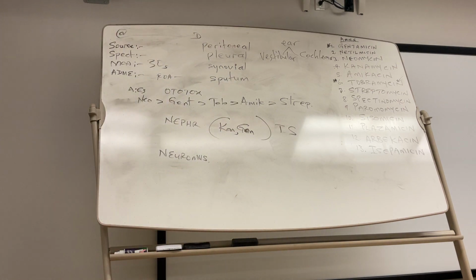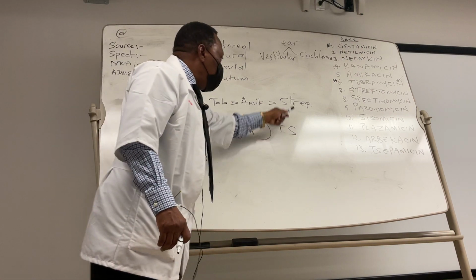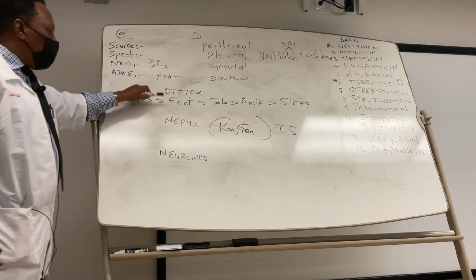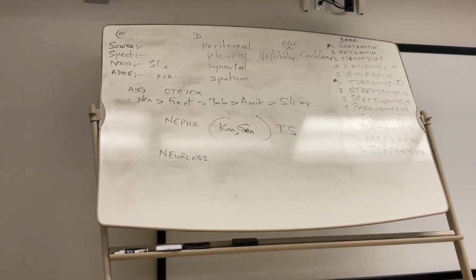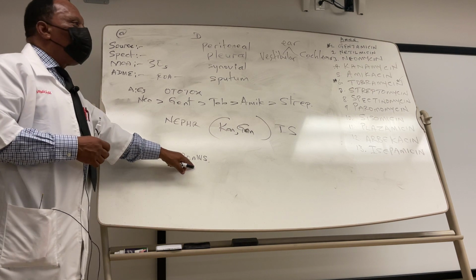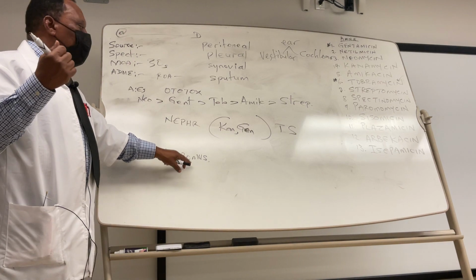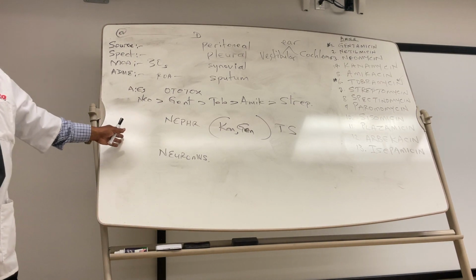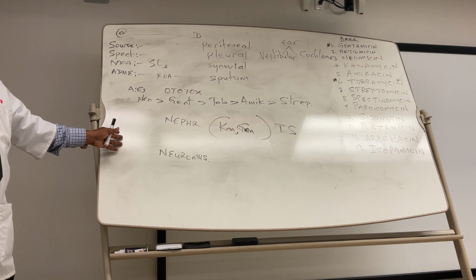So streptomycin is the least likely to produce ototoxicity or nephrotoxicity. Okay. And the pattern repeats itself with neuromuscular blockade. Neomycin is always the worst offender. Streptomycin is always the least offender.